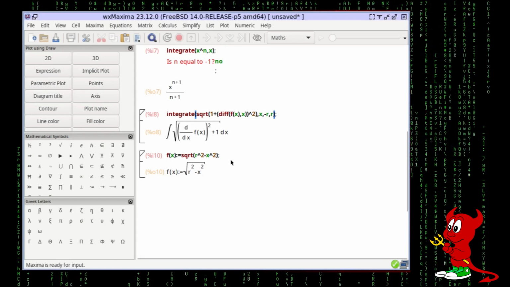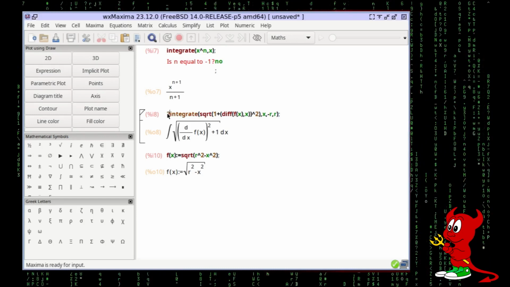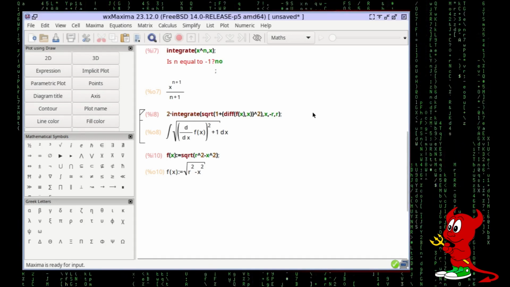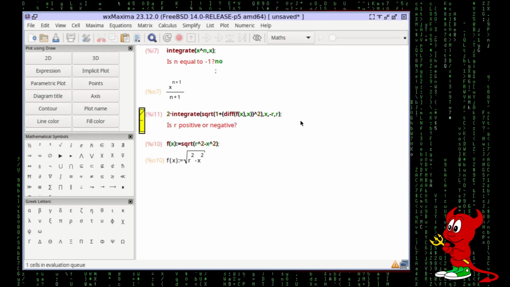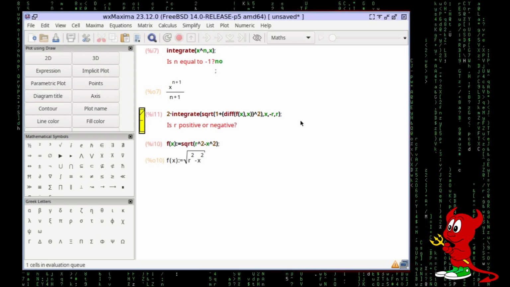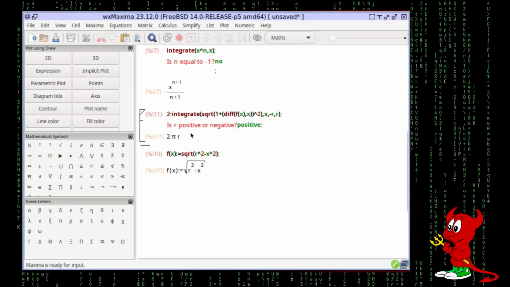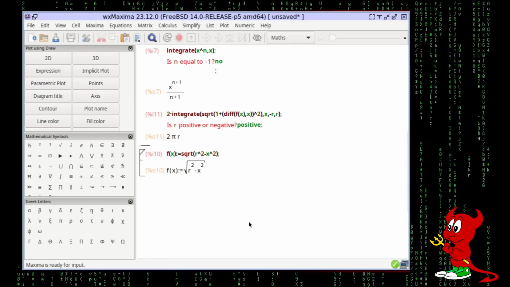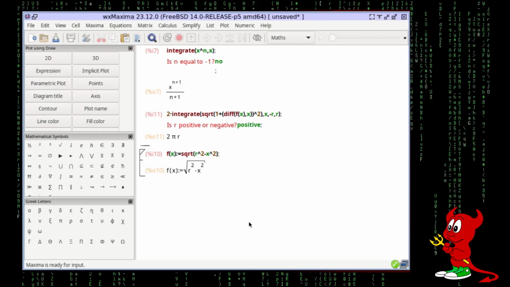And since this computes only half the circle, the length of the arc, we need to multiply this by 2. Let's see if we get the perimeter. r is positive, and therefore this results in the computation 2 times pi times r. Isn't that amazing?